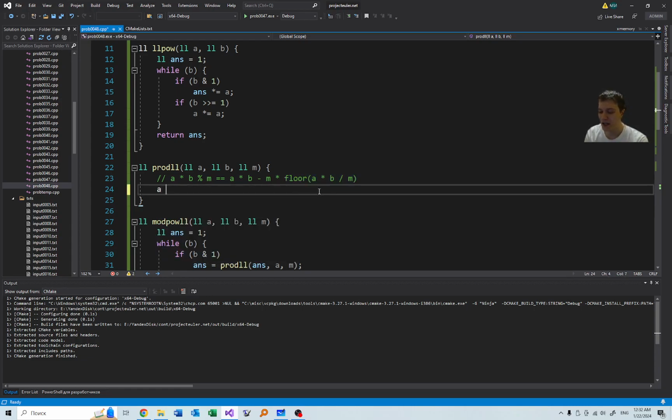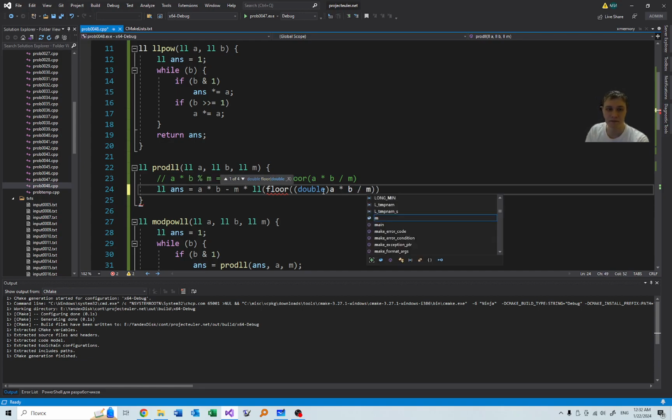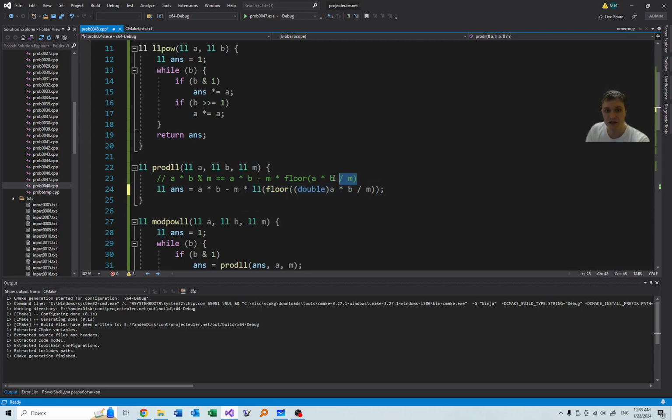Let's try the following. A times b minus m times, and instead of floor, yeah, we'll still use floor. But here we use a double multiplication. So we use double a times b over m. The problem with this is that this is not exactly true. So this is not exactly this floor.